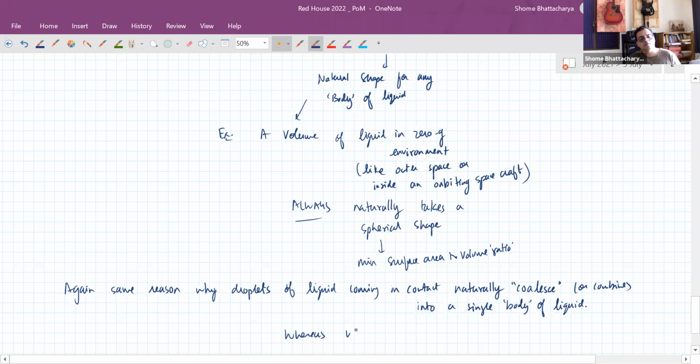Whereas work has to be done, that is, mechanical energy needs to be expended to split the body of liquid into parts, into discrete individual parts of liquid. Some work has to be done or some mechanical energy has to be expended.